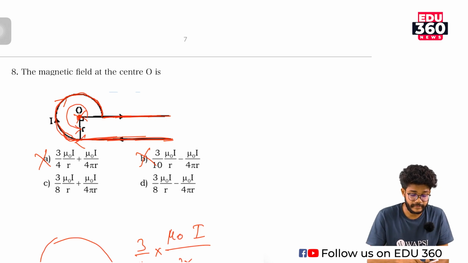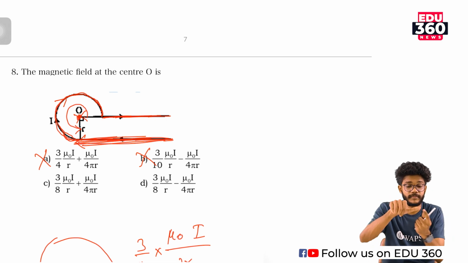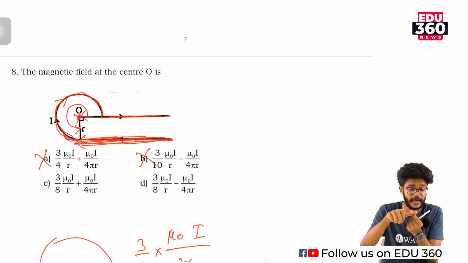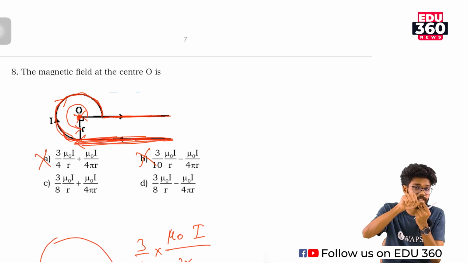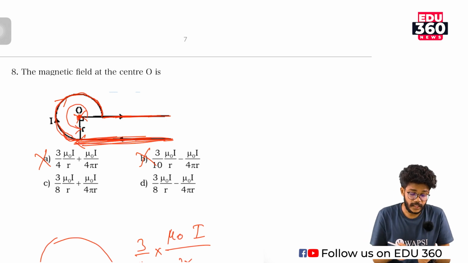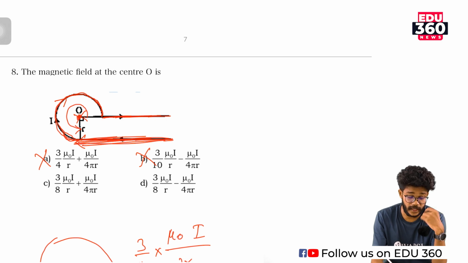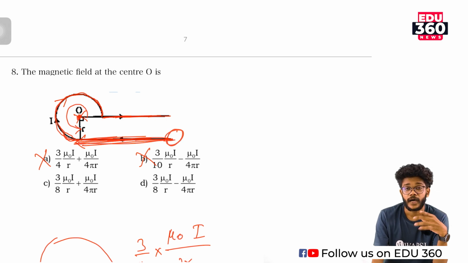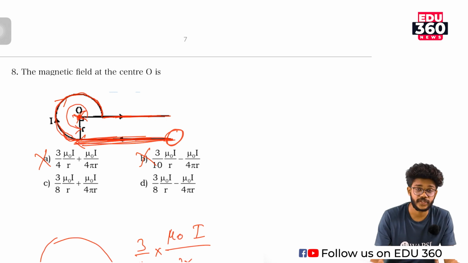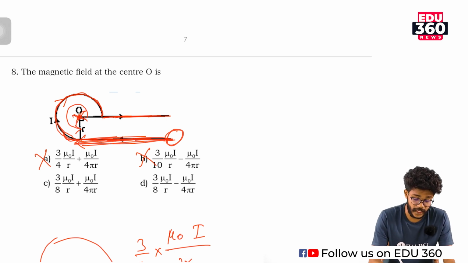Here the current looks like a straight line, so we make our thumb in the direction of the current, and the fingers curl into the page. Yes, into the page. So the magnetic field contributed by this line is in the same direction as the initial one, so no negative will come, only positive.